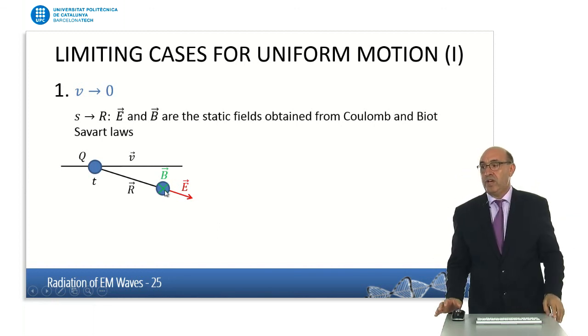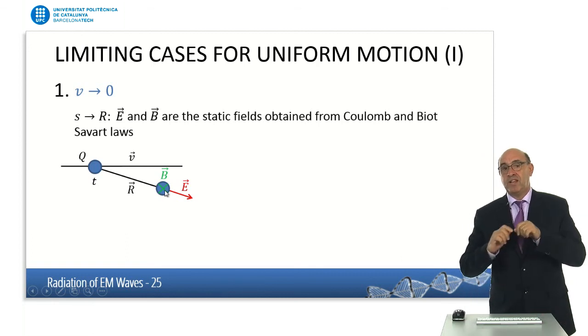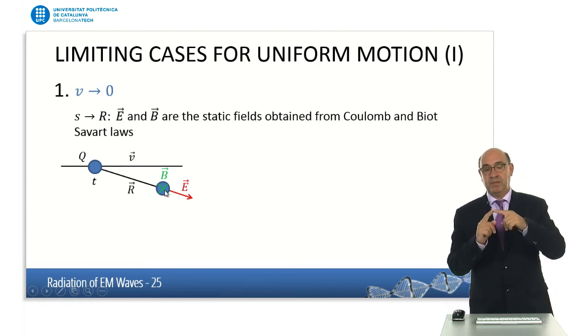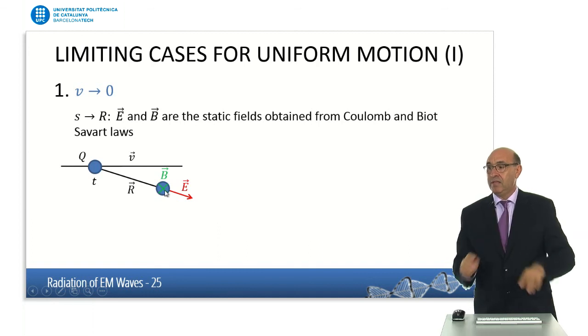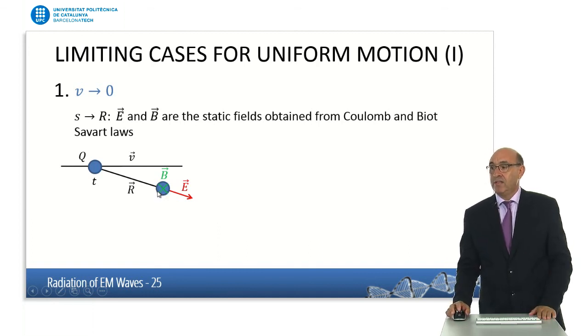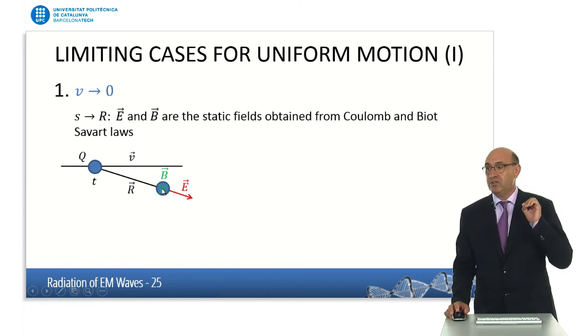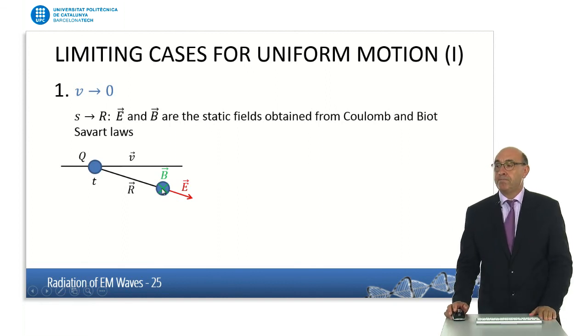And since we are representing vectors as arrows, they have a tip and they have a tail. And in the tail we have a cross. So looking at this plot, we may say that the electric field is going towards the screen.